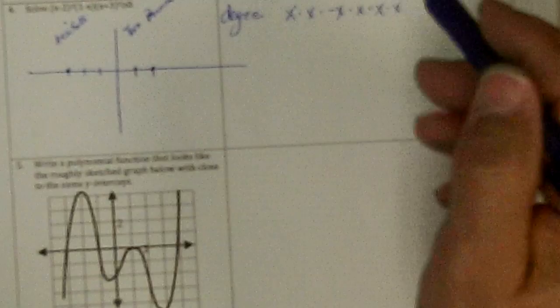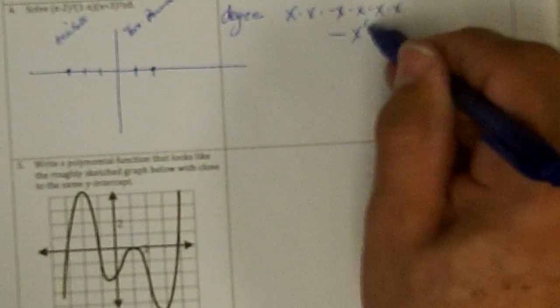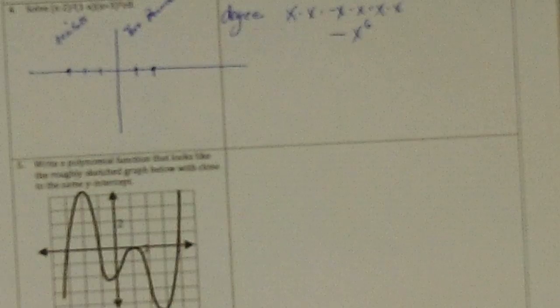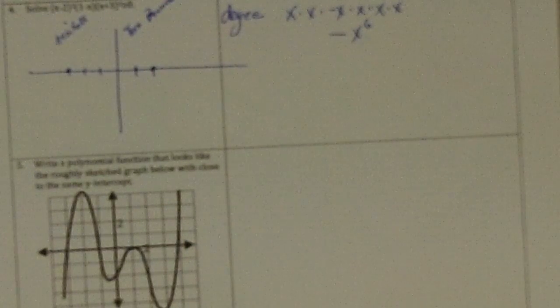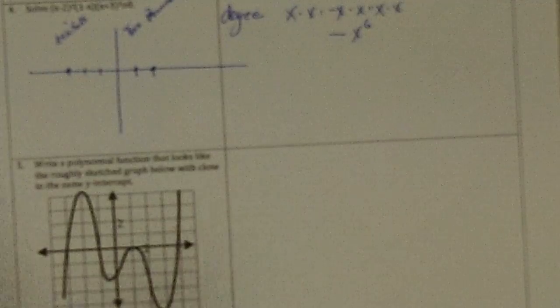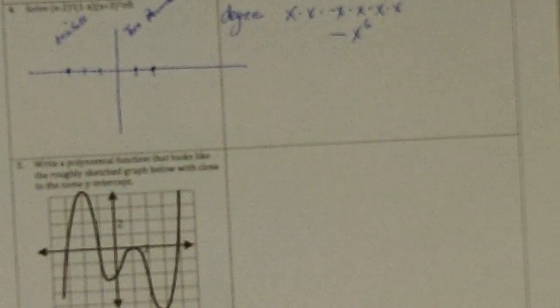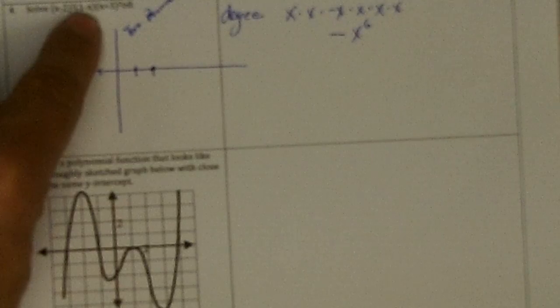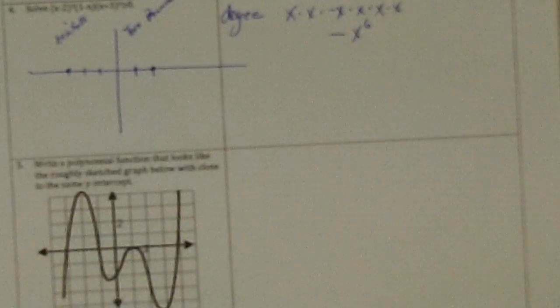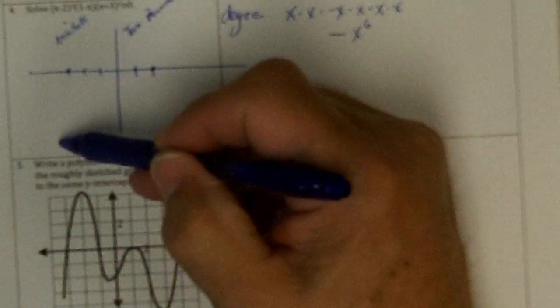So I get a negative x to the 6th. X to the 6th is even power, so even degree, so either both ends are up or down, but since it's got a negative from that 1 minus x, both ends must be down.